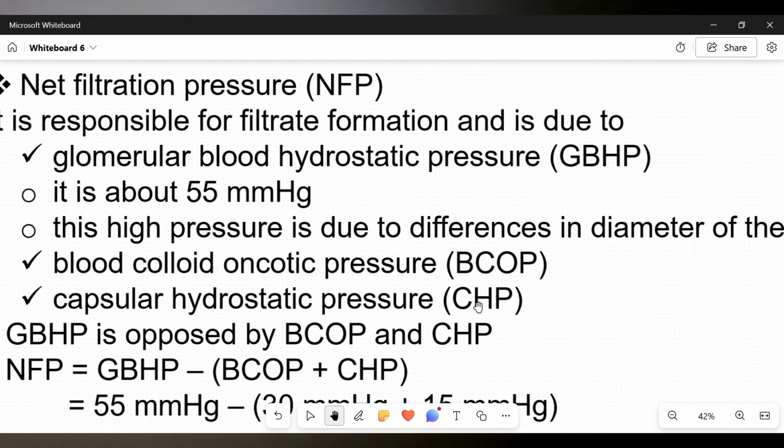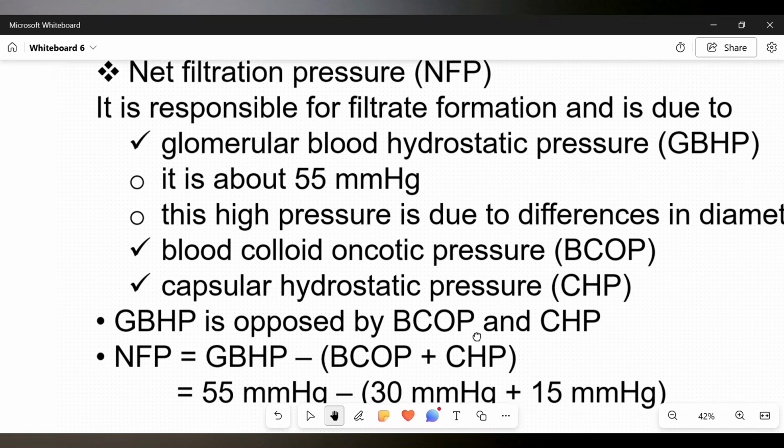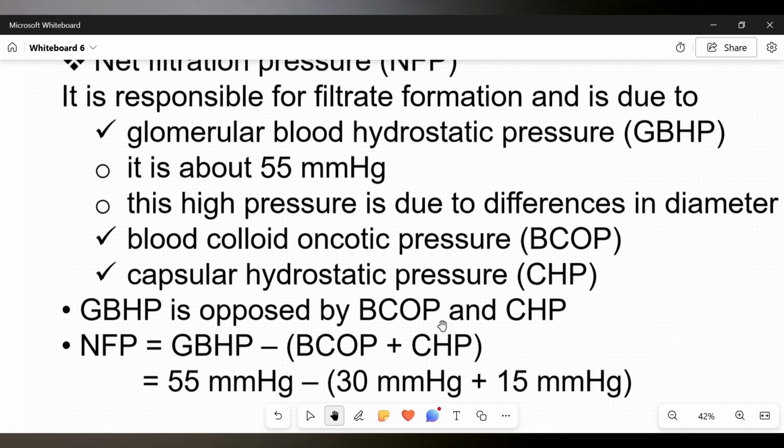One is facilitating or enhancing filtrate formation. The other is opposing filtrate formation. So if glomerular blood hydrostatic pressure is opposed by these two, then to get my net filtration pressure, I have to add these two together and subtract them from the glomerular blood hydrostatic pressure.